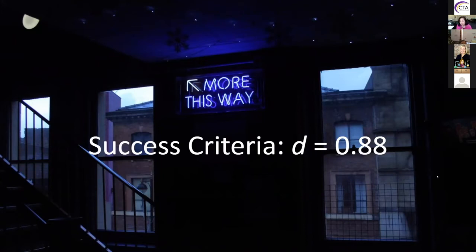Now, on a previous slide, I had shared on Tuesday with folks, and these were the new teachers, that the success criteria had about a 1.13 effect size. That is still true, if you're co-constructing the success criteria. If you're co-constructing the success criteria, you're going to have an effect size of 1.13. Now, what does that mean? What does co-constructing mean?